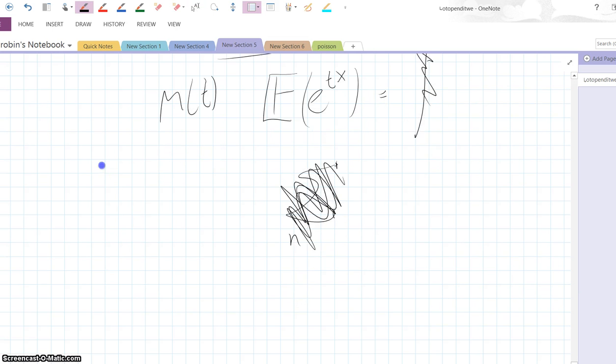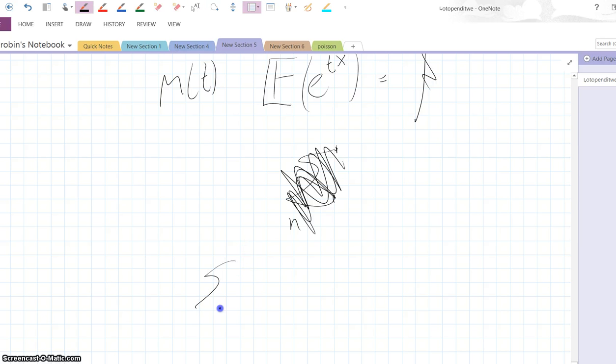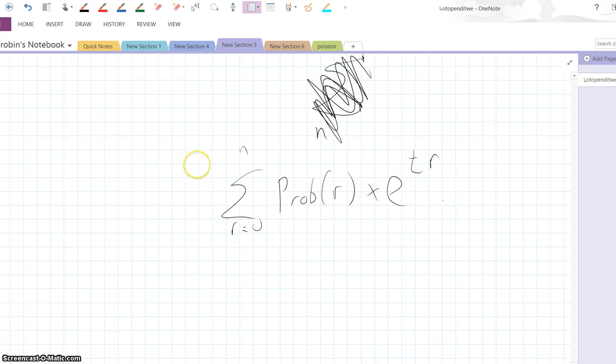It's the sum over r equals 0 to n of the probability of having r successes times e to the t r. So I'll just write that out.